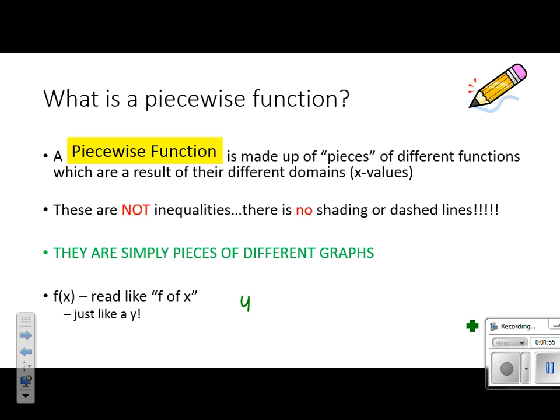So if I said y equals 2x plus 3, I could also say f of x equals 2x plus 3. The f of x is another way of saying y. I think I talked about that in class last week, but I just wanted to make sure that you remembered that f of x is the same thing as y.